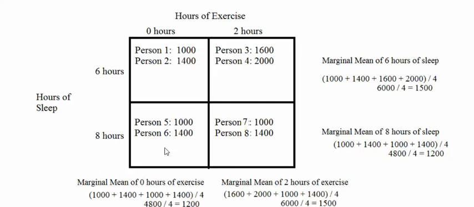So if you compare the two column means down here, you're just acting as if this was a two group experiment, in which one group exercised and the other group didn't exercise. And if you compare the two row means, well, you're just acting as if it's a two group experiment with two different sleep conditions.